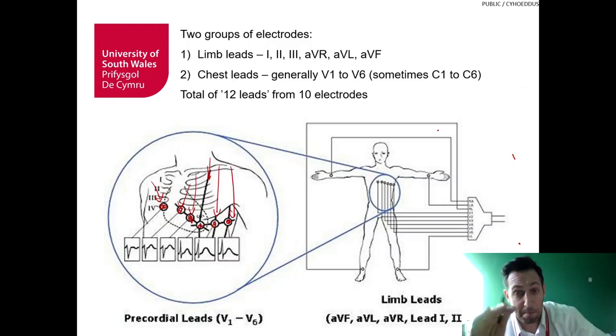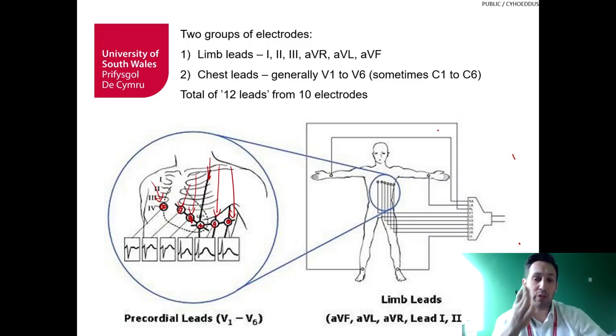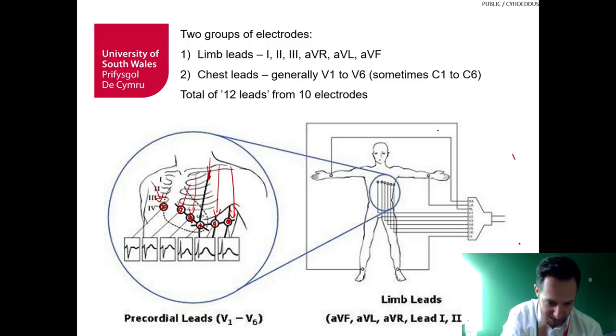V6 goes into the mid-axillary line, lateral to V5. The reason, again, that these have got to be so specifically placed is because they are unipolar leads. In other words, they look directly into the heart as opposed to looking across the heart. There's no negative and positive end to these. These just look down. That's it.